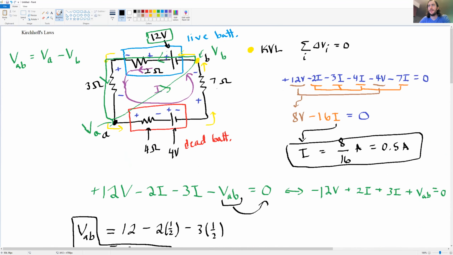So here are the two EMF sources. I'll pick another color here, maybe pink, and put a circle around them so it's clear what I'm talking about. So there's that one, and there's that one.